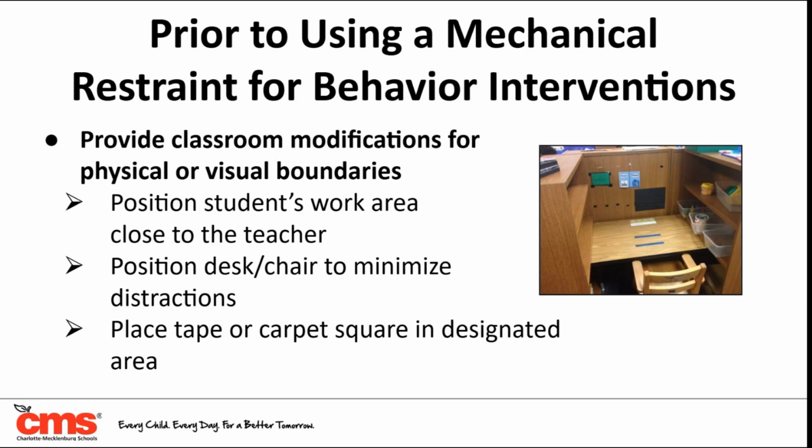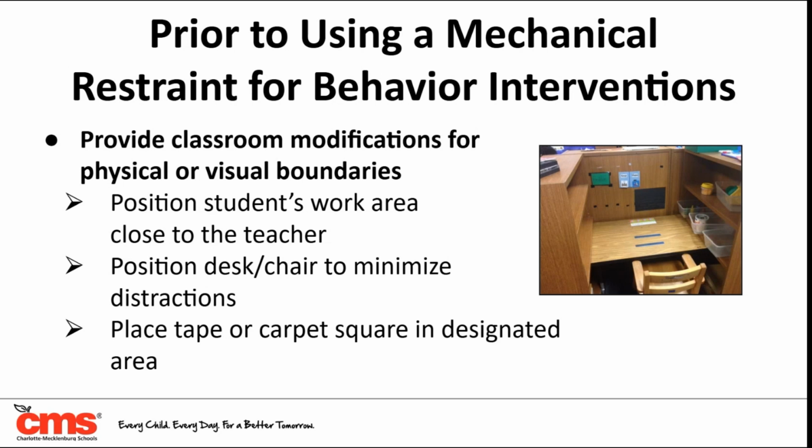We're encouraging the student by decreasing that sensory overload, by putting them in a space with physical and visual boundaries, often with tape or a carpet square to designate that area. That's the next thing on the bullets. So you can put tape on the floor around that space. I would say you may not be surprised, but it is truly remarkable how effective this tool is.